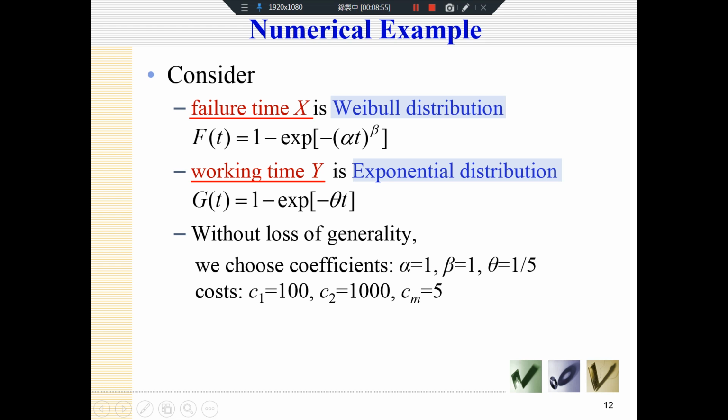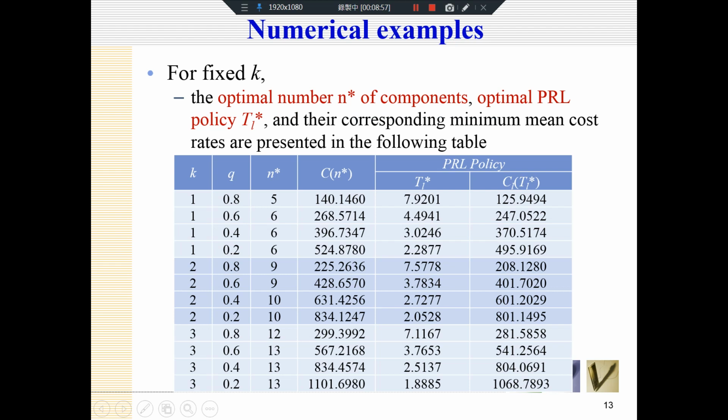Please refer to it. Then for fixed K from 1 to 3, the 3 cases, the optimal number N star of components, the PRL policy TL star, and their corresponding minimum mean cost rates are presented in the table. Please refer to it.